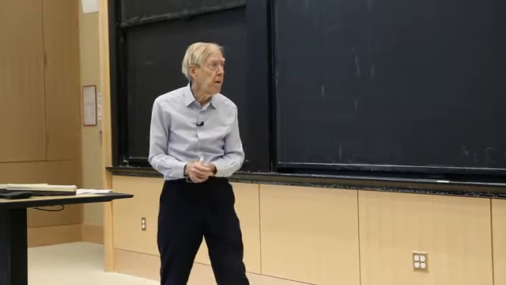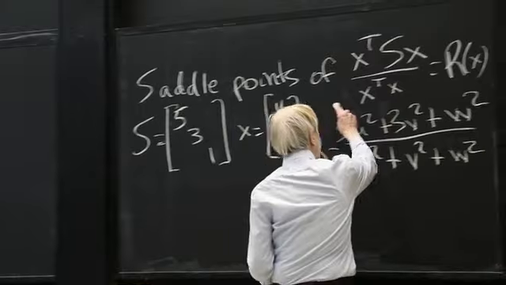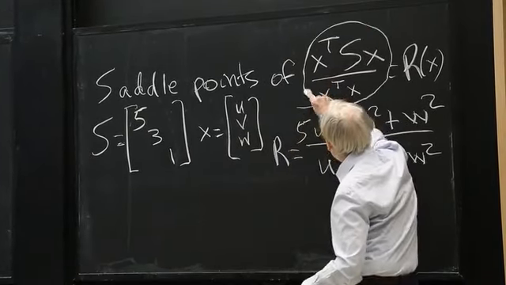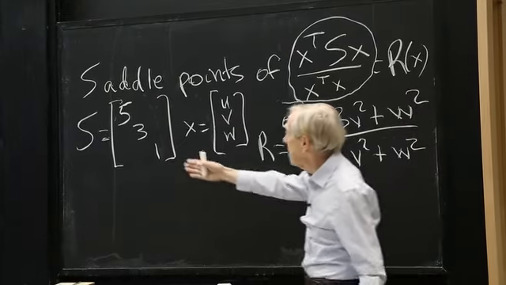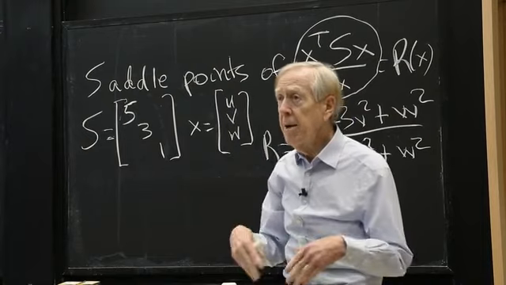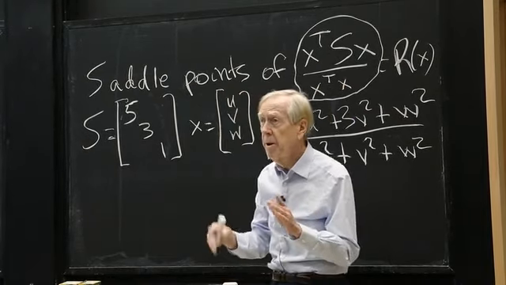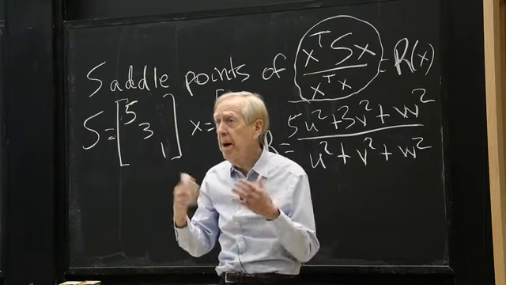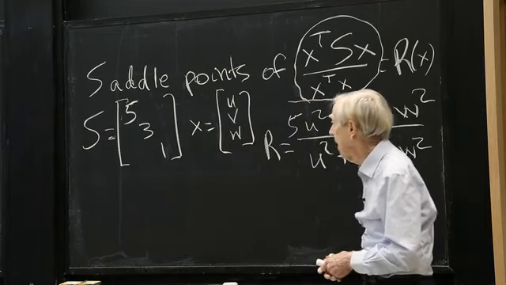Okay, saddle point. So the example I'm taking is this Rayleigh quotient, and I'm taking a simple matrix S. I might as well take a diagonal matrix because it's symmetric, of course, and any symmetric matrix I could just change variables by a Q matrix, an orthogonal matrix, to get to something like that.